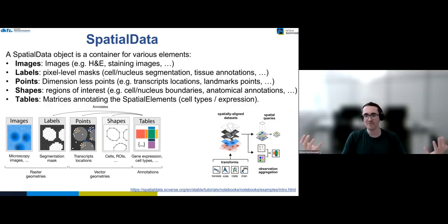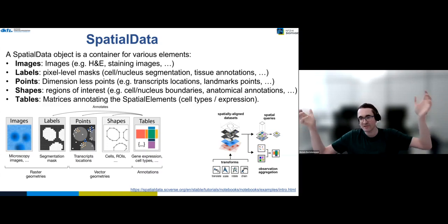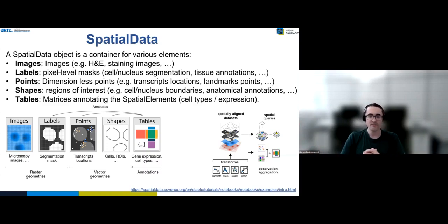These tables contain your cell type annotation, your PCA and UMAP coordinates, and of course the expression matrix with the transcript or the protein expression, or even both at once.